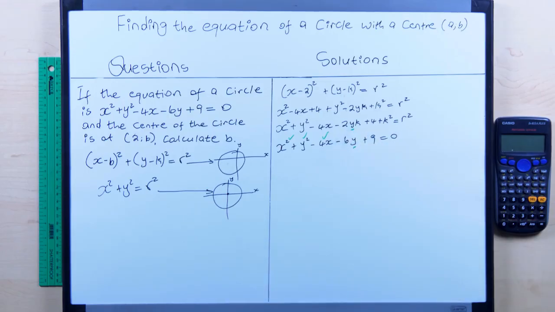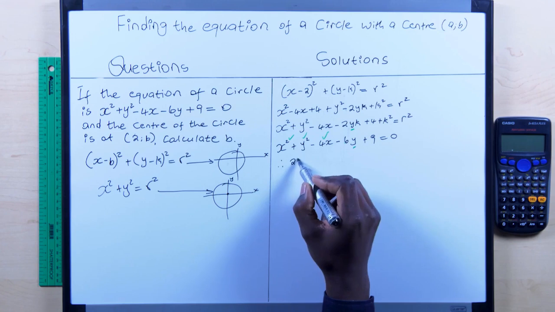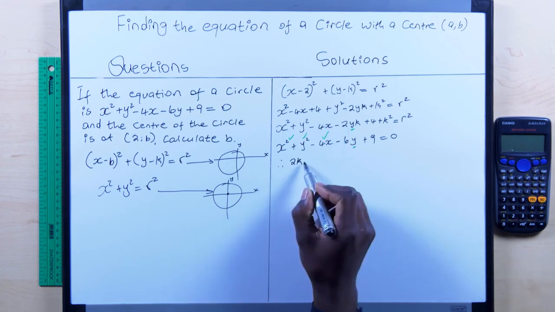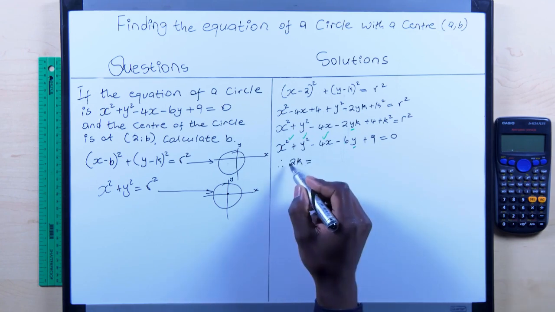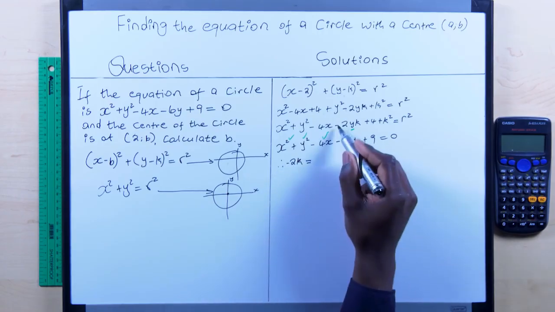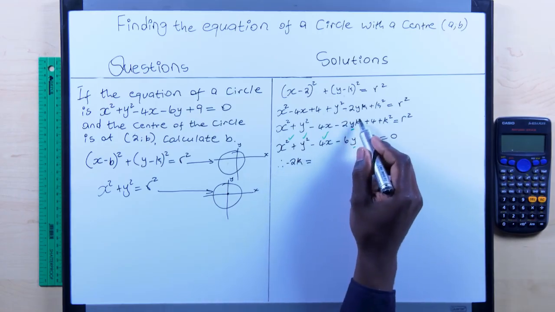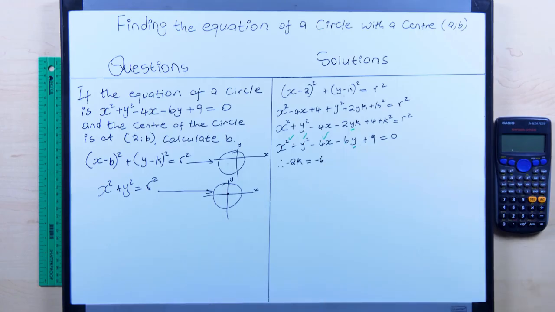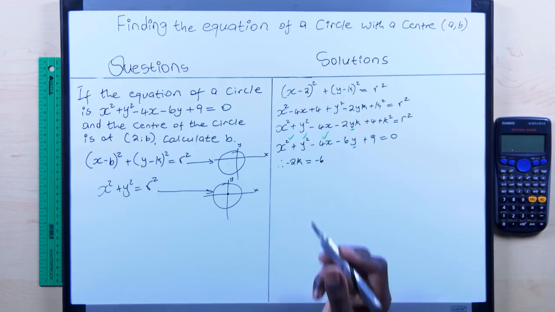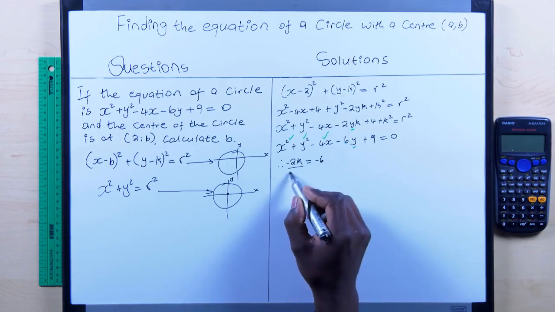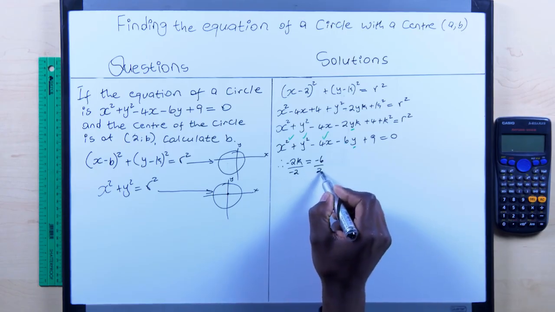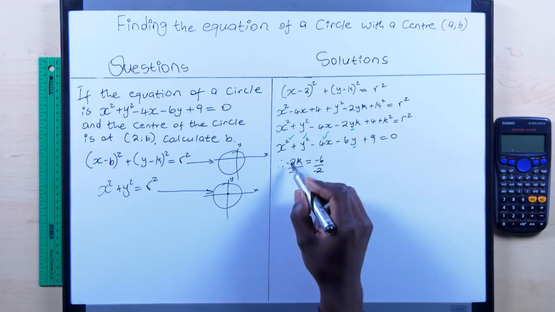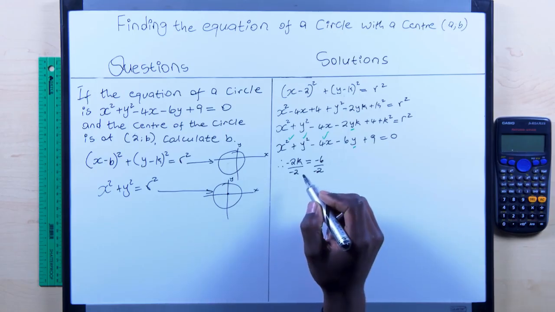What does that mean now? It means the following. Therefore, 2k is equal to, actually in actual sense, negative 2k, because of the negative sign, negative 2k is equal to negative 6. We want to find the value of k. Divide both sides by negative 2. Negative 2 divided by negative 2 gives me positive 1.